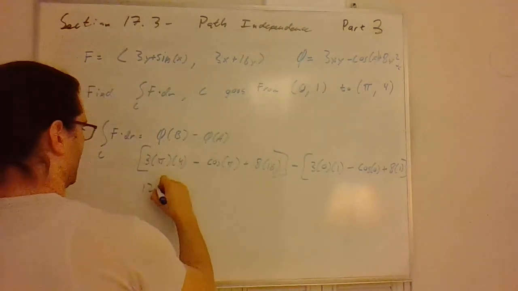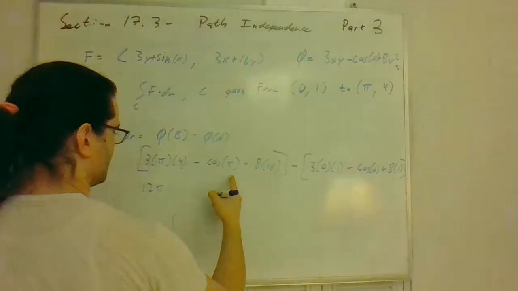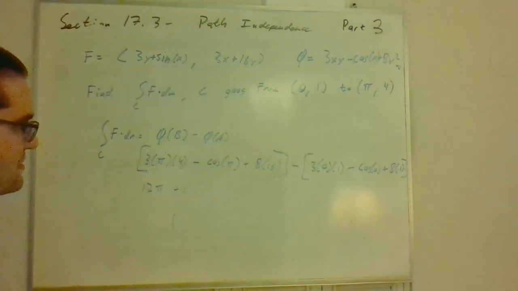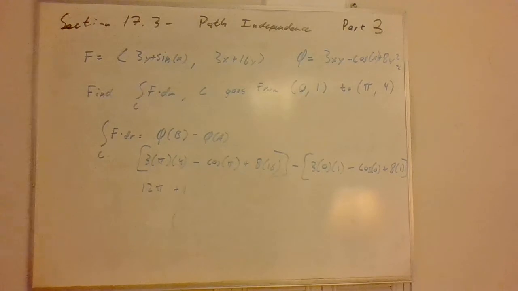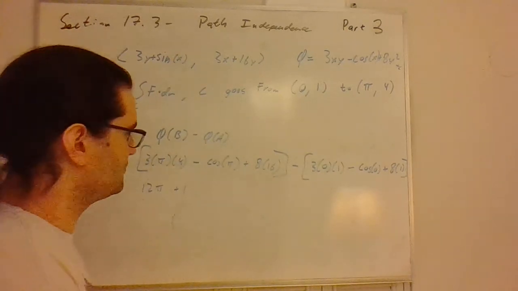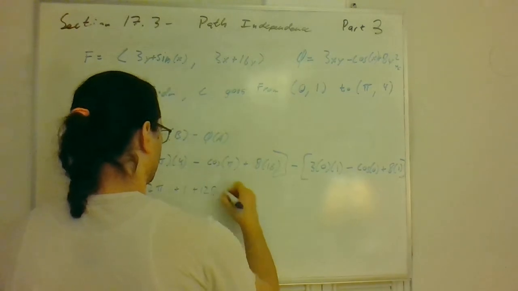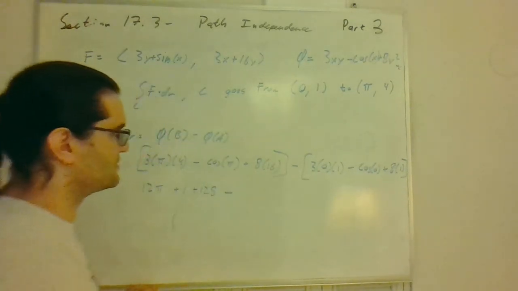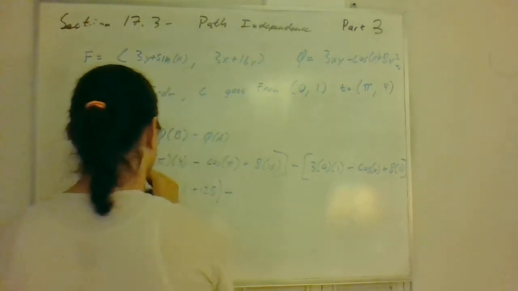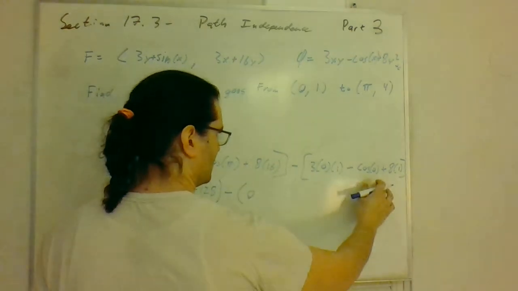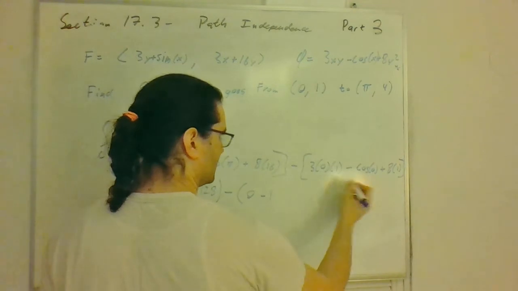So I have 12 pi, minus cosine of pi means plus 1. 16 times 8 should be 2 to the 7th, so 128. Minus 0 minus 1 plus 8.